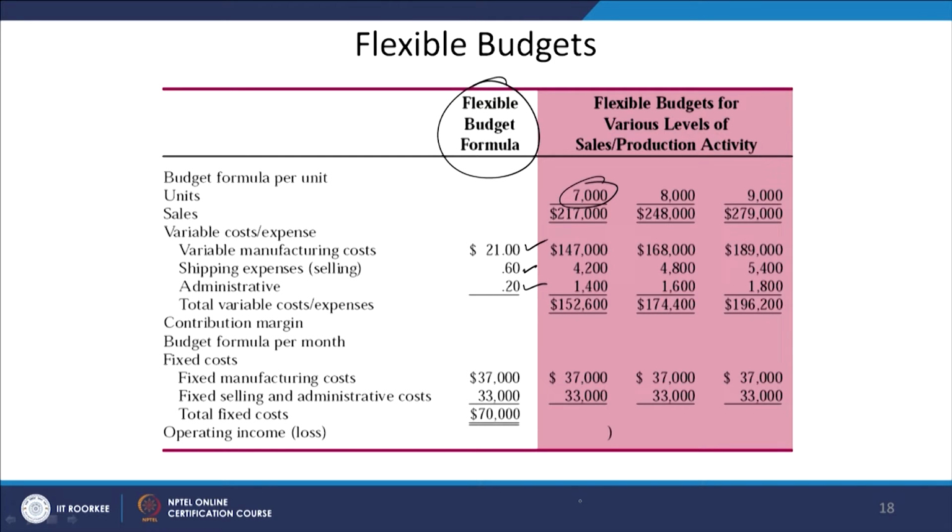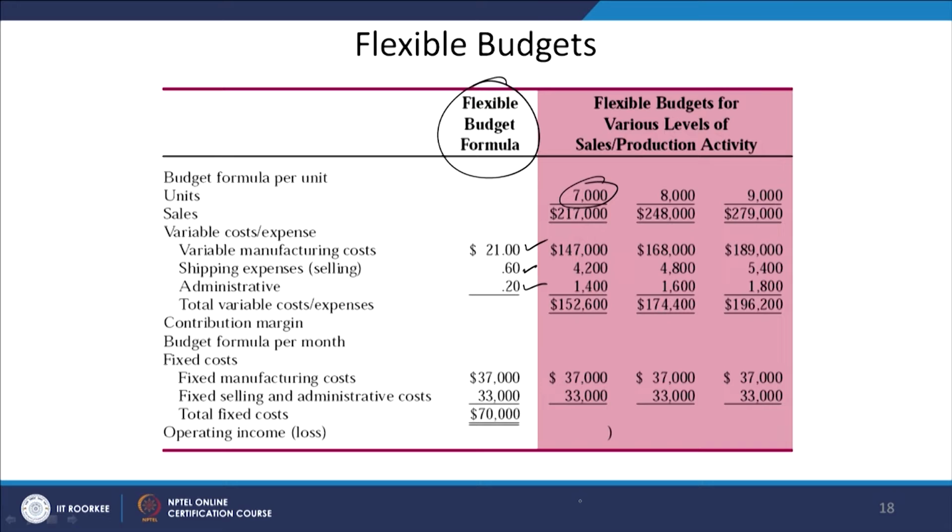And talking about the fixed cost, largely we are expecting that it would remain the same. So, if it has not changed in the actual, then there is no problem, but if it has changed, we would say that for 7,500 units also the fixed manufacturing cost would be $370,000, and if it has gone up to maybe $380,000 or come down to $360,000, we can find out the reasons for that.